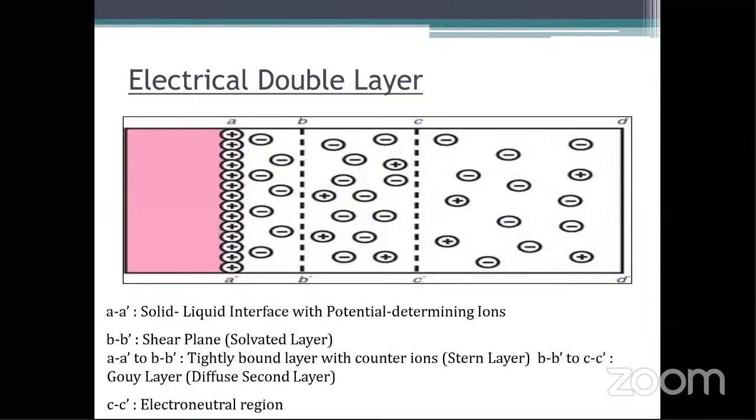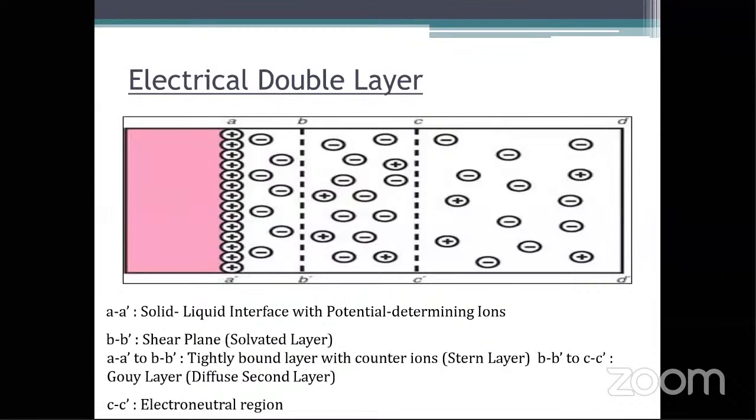Further, thermal motion tends to produce equal distribution of ions in the solution, but the number of anions is less than the adsorbed cations. Because of this, B dash still possesses positive charge, because the number of cations is more than the number of anions present.